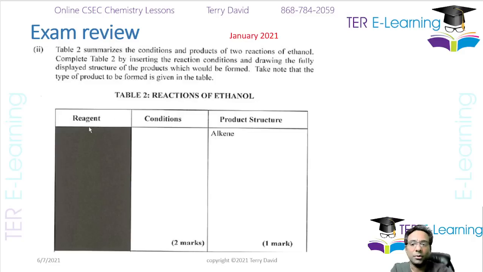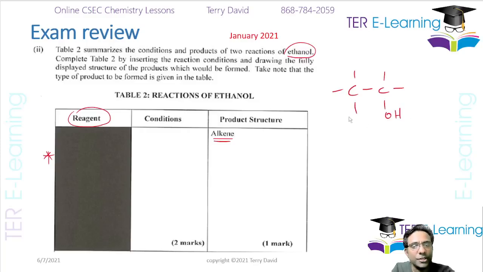So, there's no reagent here that is saying for this particular reaction we're talking about. And we're starting off with ethanol. That's what we're starting off with. But you want to produce an alkene, right? Now, this is what ethanol looks like. Right? You can put the OH here or you can put it on the side, it doesn't matter.